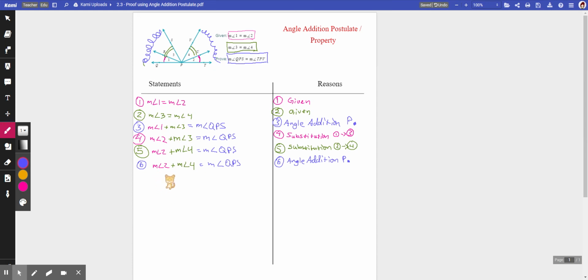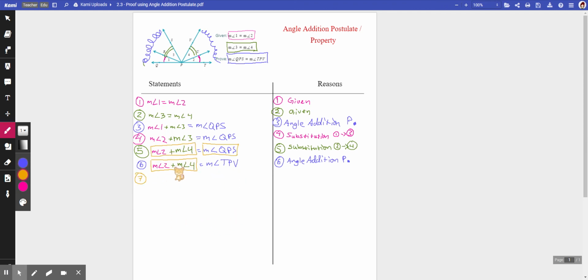And so this statement: measure of angle 2 plus the measure of angle 4 equals the measure of angle TPV. I could have made this statement way up here at the beginning, and it would be valid. It doesn't matter where you put it, as long as you put it before the statement we're about to make, and as long as you write the angle that you mean to write.